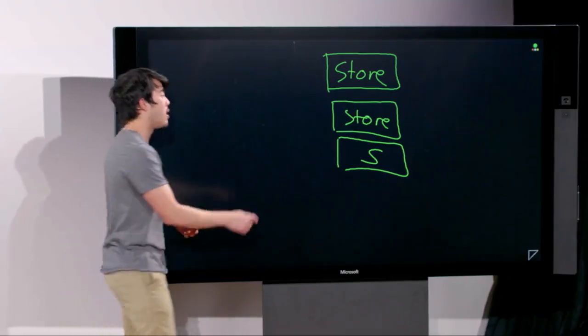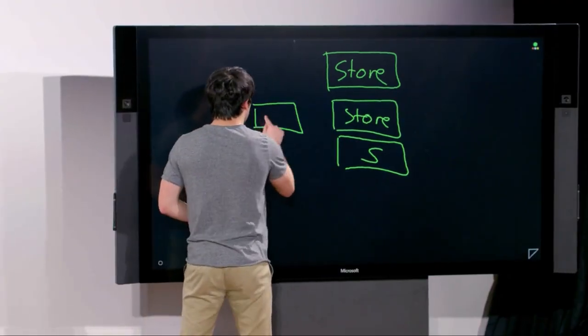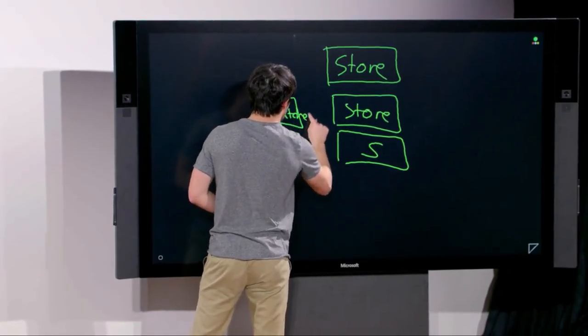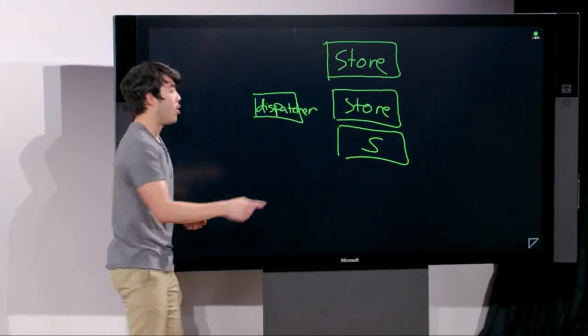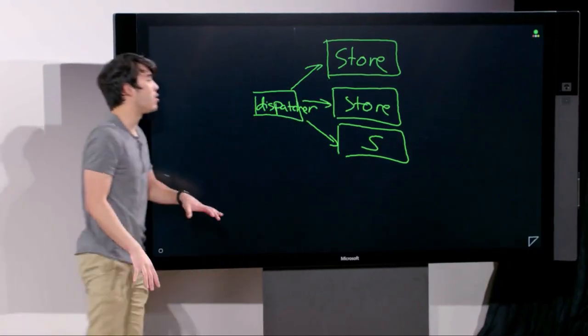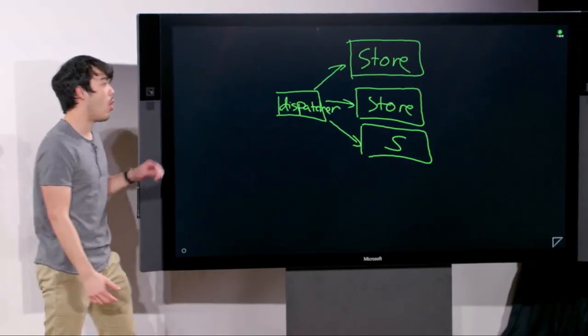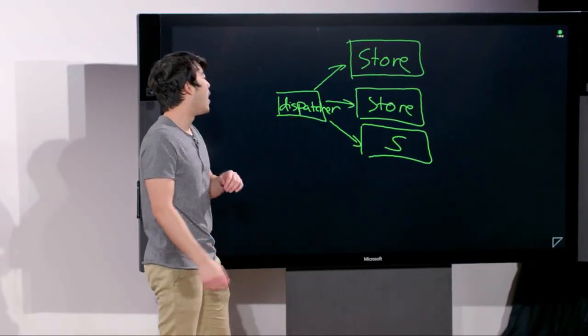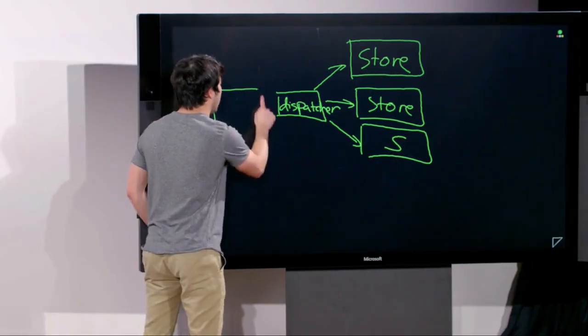Well, it's through this thing called a dispatcher. And so this dispatcher will actually send information to these stores, and these stores will update. And that's the only possible way to update these stores. And how do you trigger the dispatcher? Well, it's through this thing called an action.